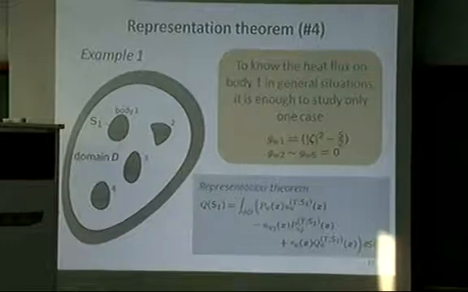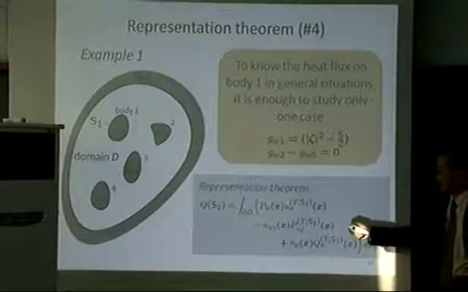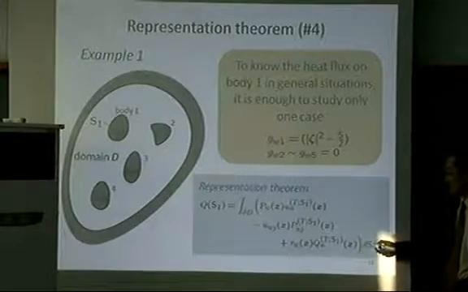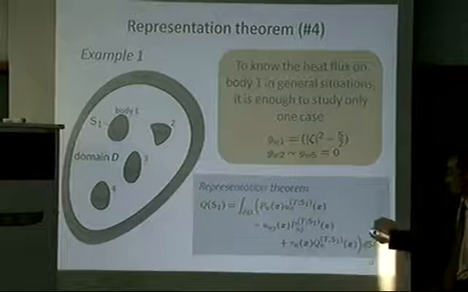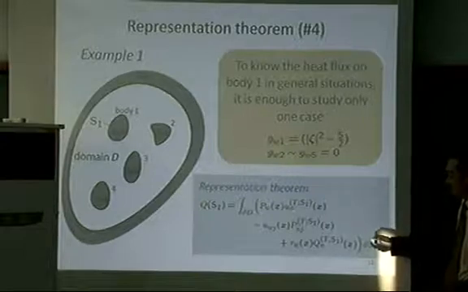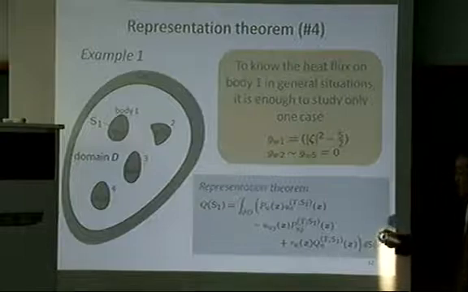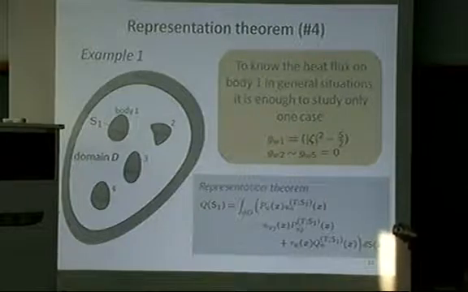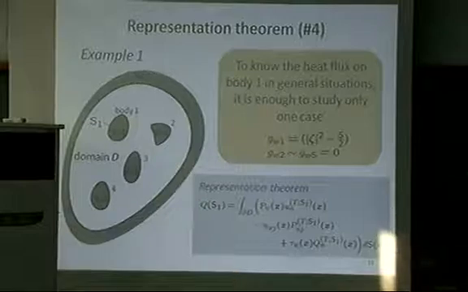And the answer is here. So this part means the mass flow, momentum flow, and heat flow that is induced when you uniformly heat body 1 only, and the others are the same as the reference state.